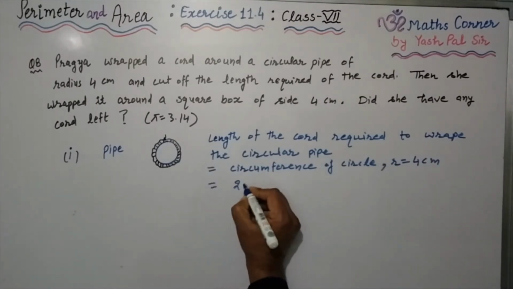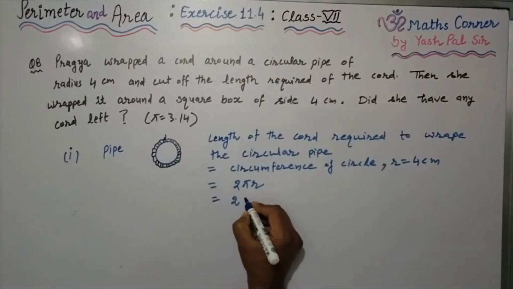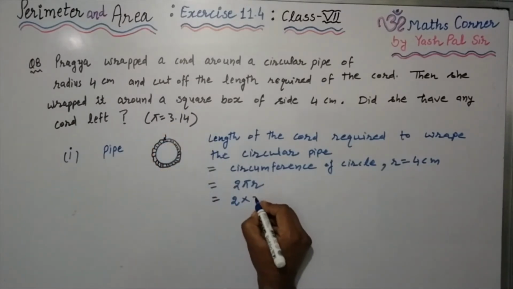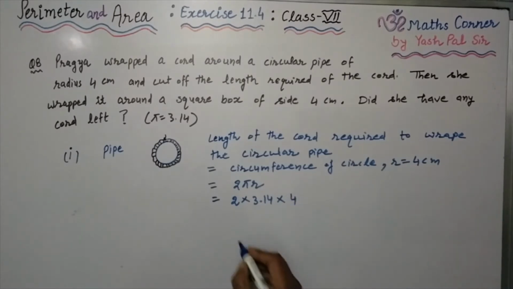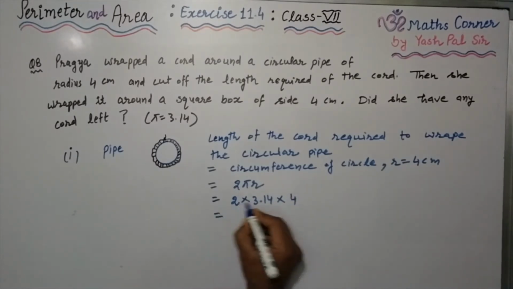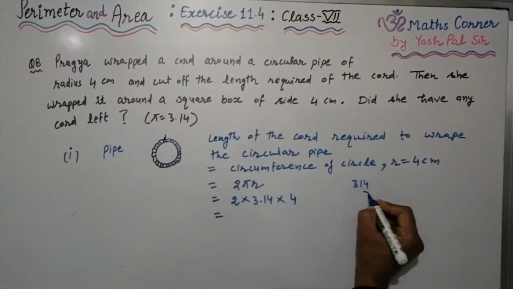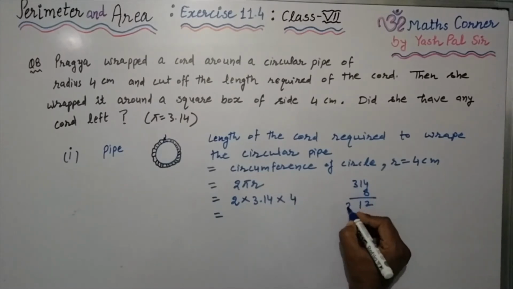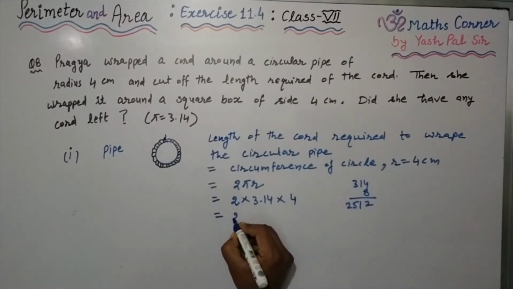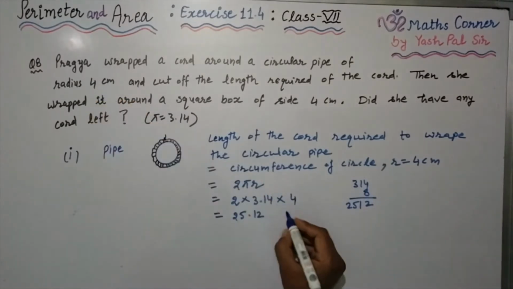We know the formula 2 pi r is the formula of circumference. So here we use 2 into pi, 3.14, into r, 4 centimeter. So 2 into 4 is 8, 3.14 into 8 is 25.12. We are calculating in centimeter.